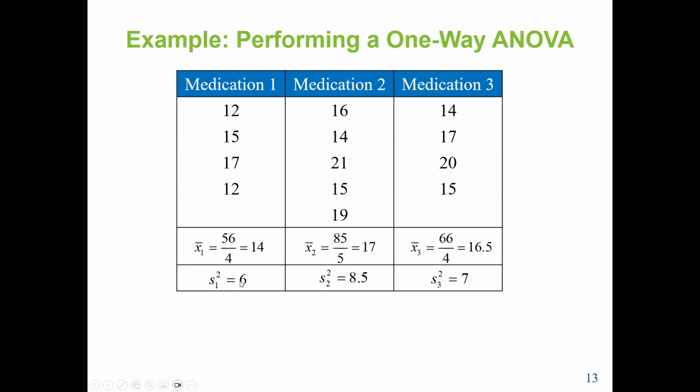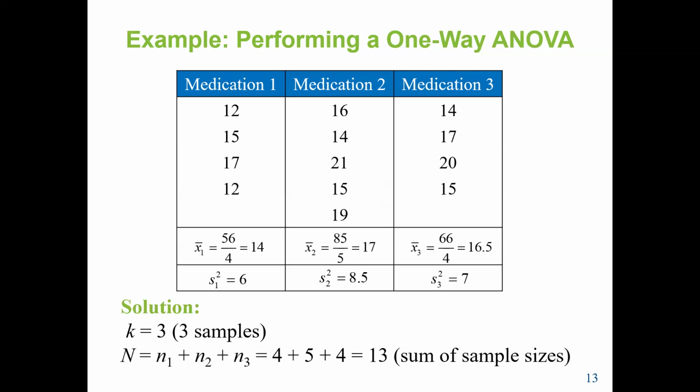Then for medication 2, the mean will be 85 divided by 5. And medication 3, which will be our sample 3, the values sum to 66, divided by 4. From there, we can also find the variance for medication 2 and medication 3. Again, here we are using the descriptive statistics formulas.